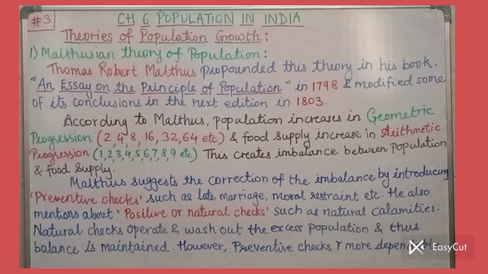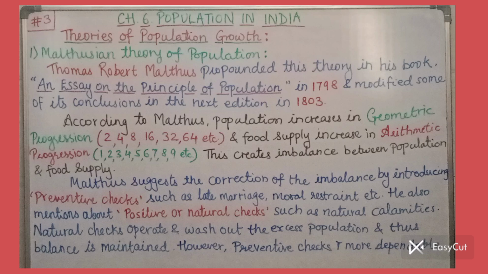However, though natural checks are also there, still the main job is done by the preventive checks, and hence we can depend more on the preventive checks and we can't rely only on the natural checks. So that's how Malthus has given the suggestions for population control in his theory.